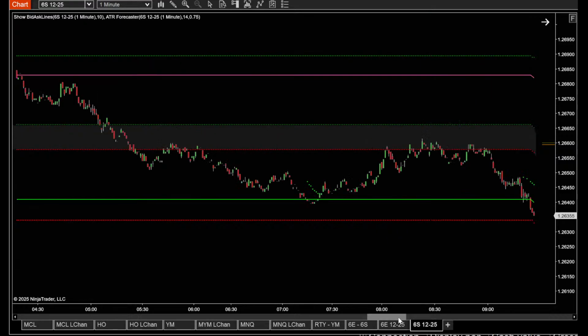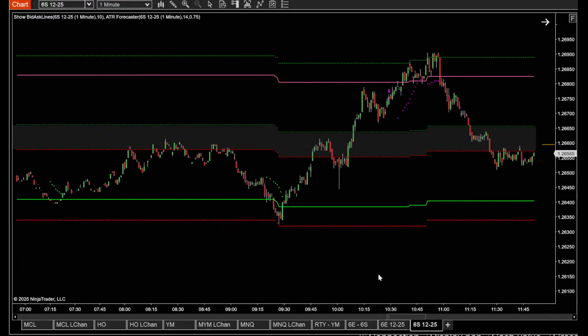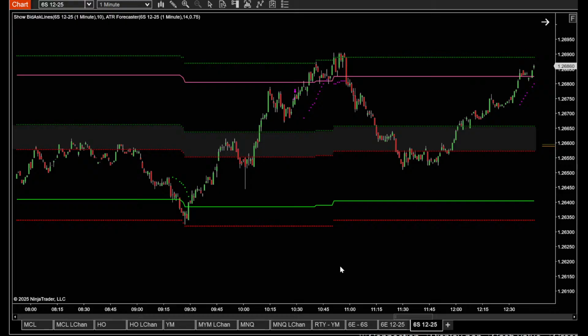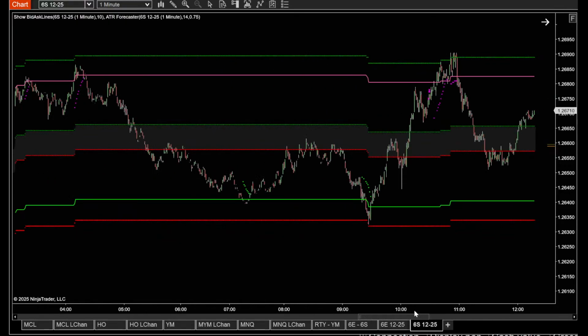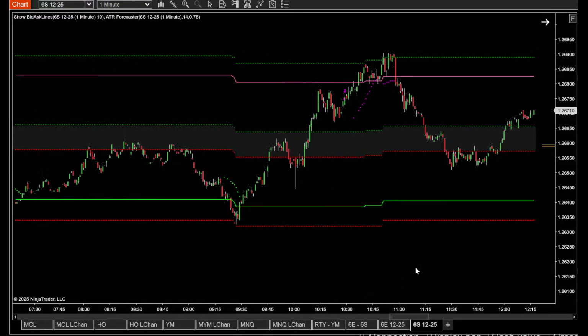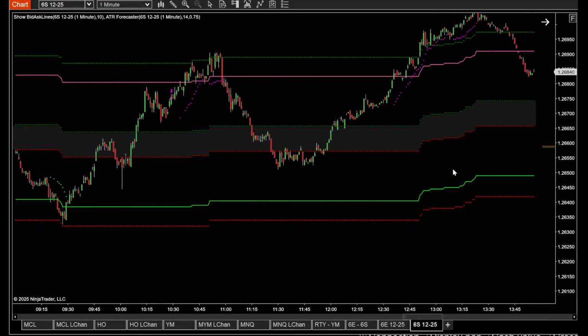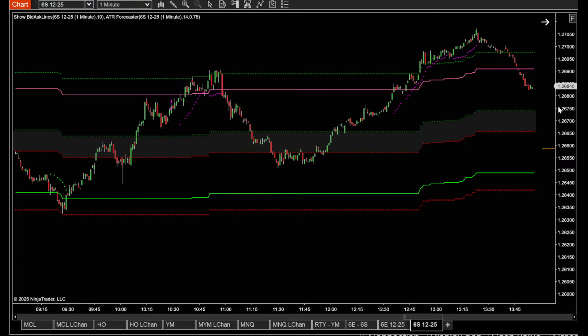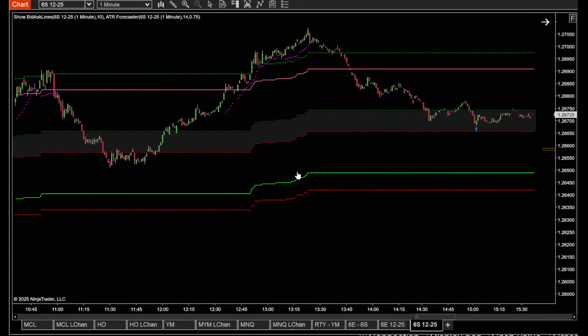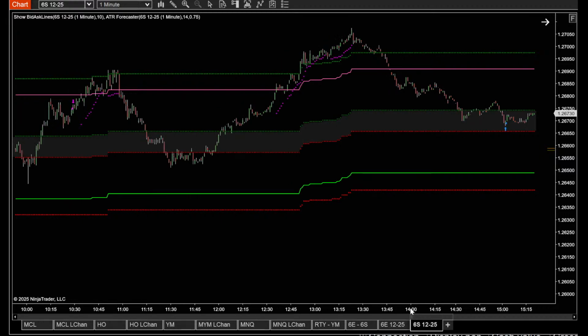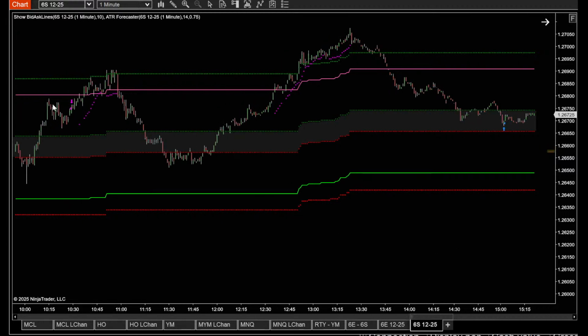I think a better example was yesterday. Yesterday it wasn't really a great trade on the 6E 6S. We basically got about $60 in profit on this trade. Here's the 6S. So we went short at that time.